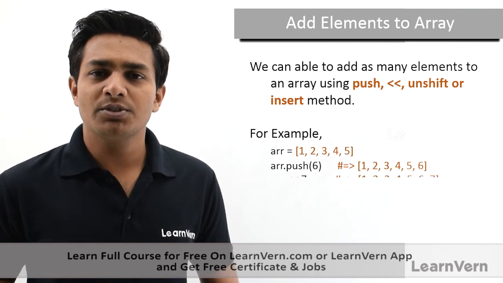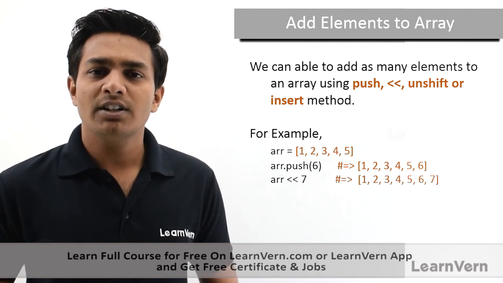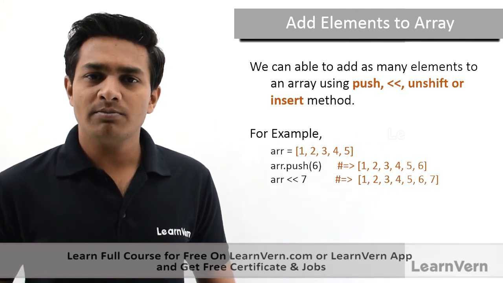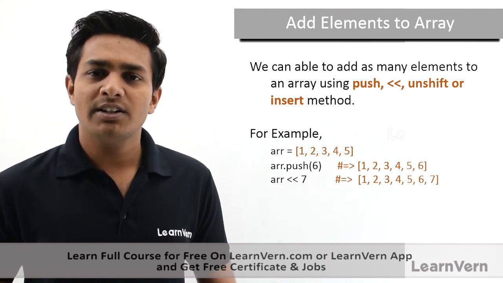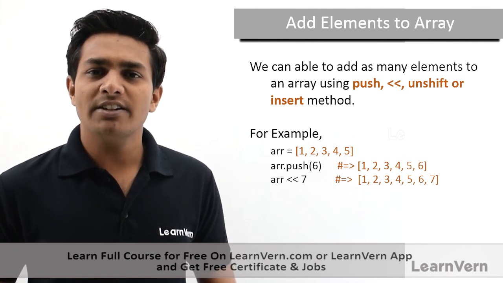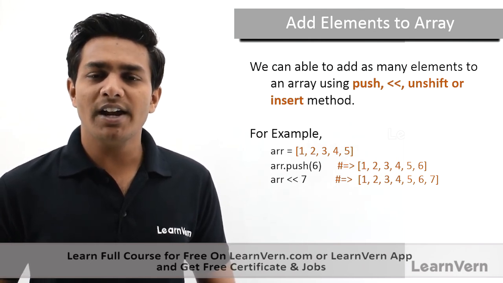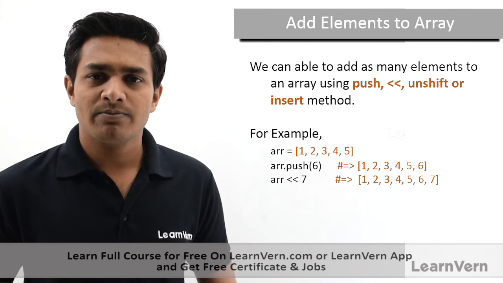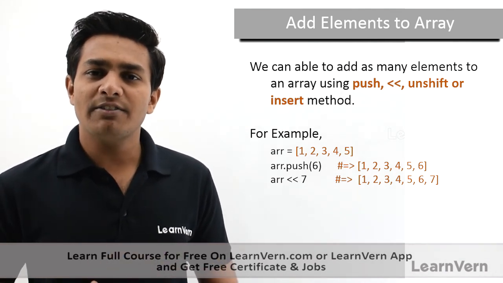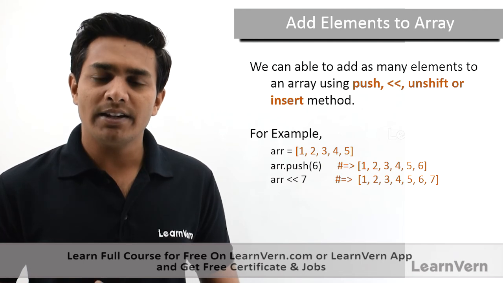Suppose I want to use double less than operator to insert a value into my array. So what I need to write is array variable name and double less than and my value that I want to insert, and it will also insert at the end of the array. So here you can see it has added 7 at the end of my array.